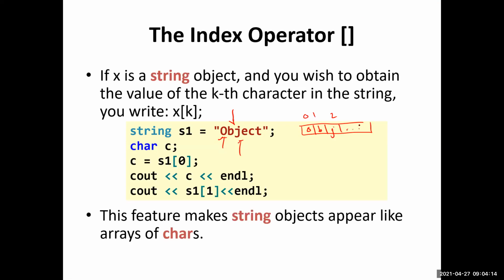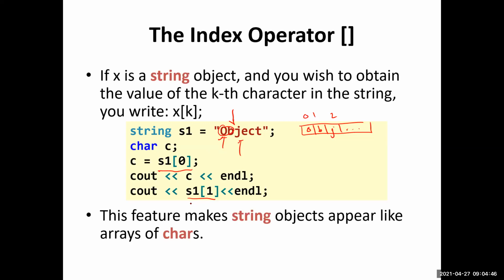Every character has an index starting at index 0, so the first character is at position 0, then 1, 2, and so on. If you want to access an individual character, you can use exactly the same syntax which you use with an array of characters. For example, if I want to store the first character in a variable, s1 of 0 is talking about the first character. Similarly, this is talking about the second character and so on.